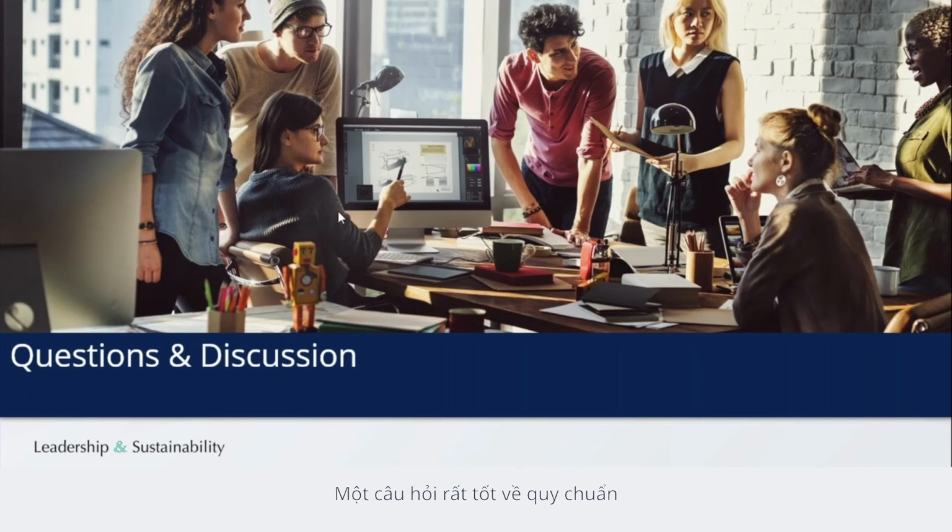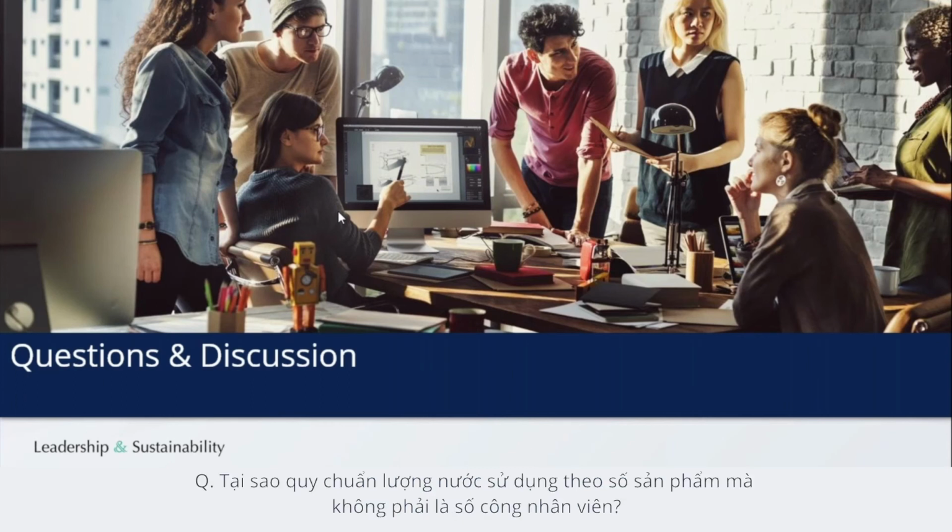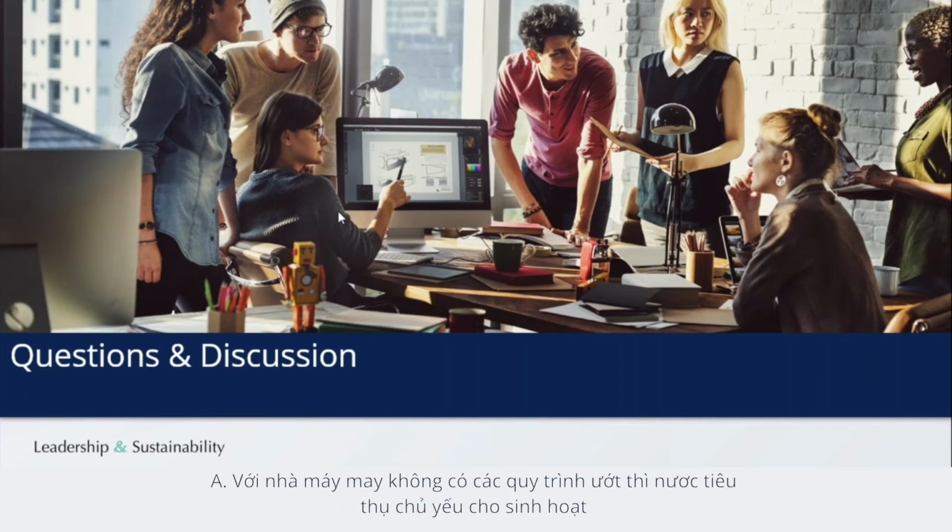And here, one really good question also about the normalization. So why is the water target based on total number of pieces produced? Why not based on number of employees? For example, for a cut and sew facility where you don't have any wet processes, but the entire water consumption that you have is actually for domestic use.